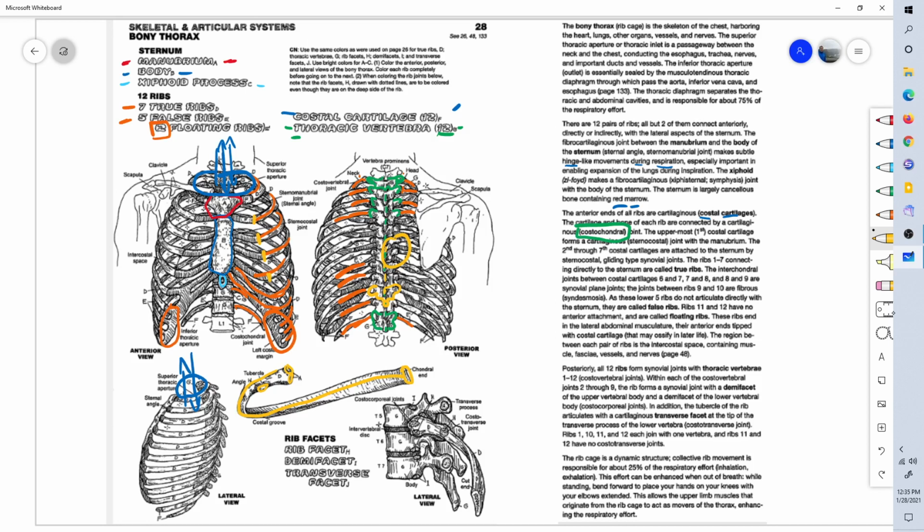These two little rib facets fit in these two spots right here, while this tubercle fits and matches in this little spot here. This is called the transverse facet because it is located on the transverse process. Remember, the transverse process is a little wing of the thoracic vertebra.